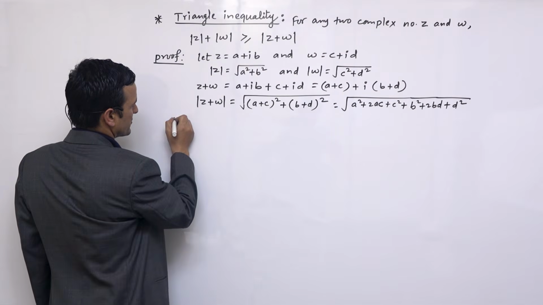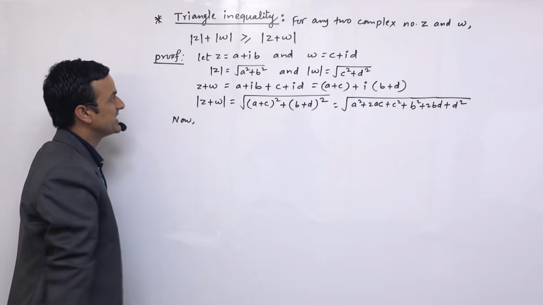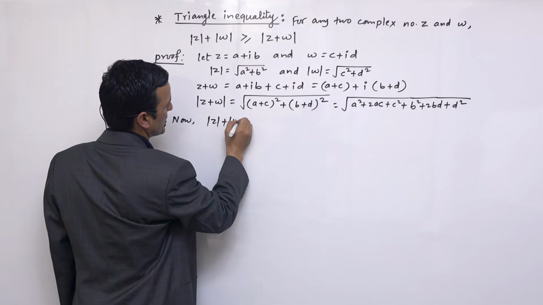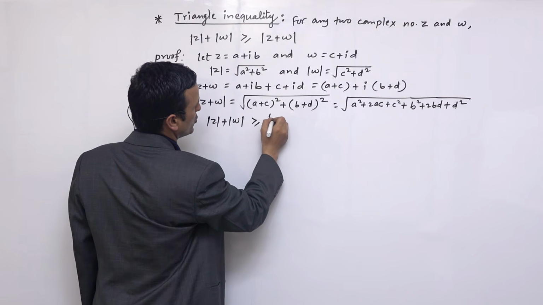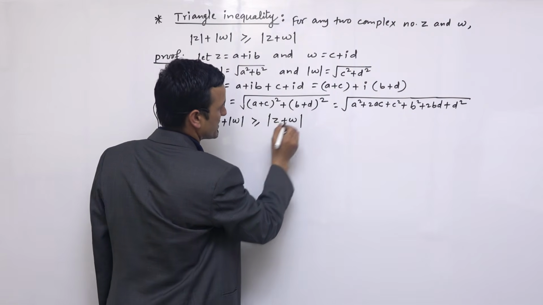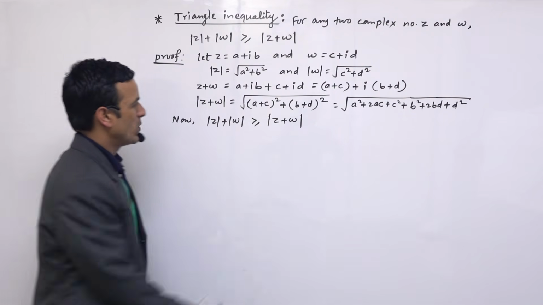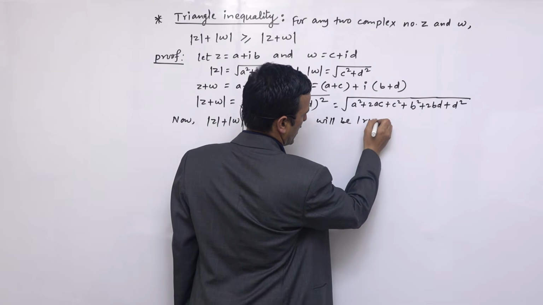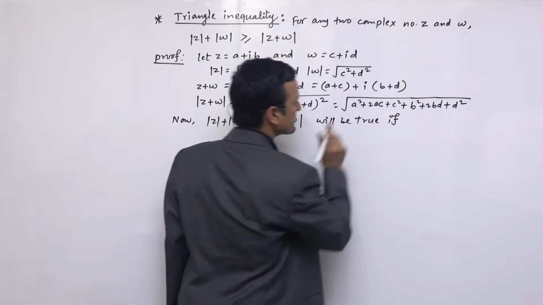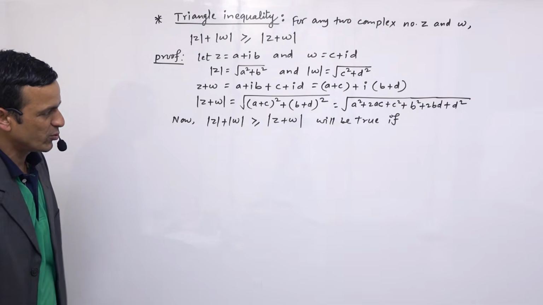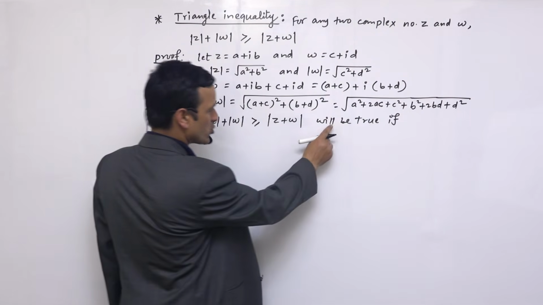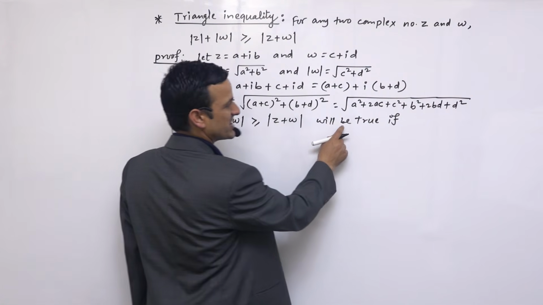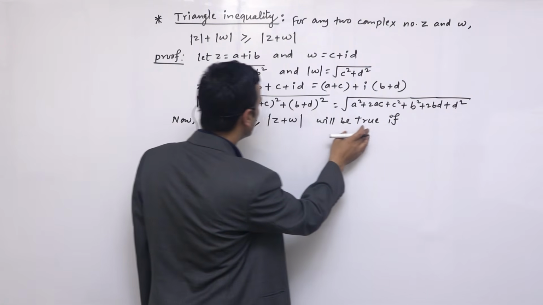Now our main question is this one. Modulus z plus modulus w greater than or equal to modulus of z plus w will be true if this relation is true here. So we have to show whether this relation is true or not. Suppose this is a true relation.